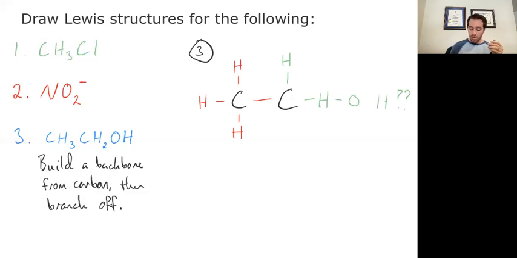But that's not possible because a hydrogen can't form more than one bond. So that can't be what happens. And also, this would leave the carbon unhappy because it doesn't get to form all of the bonds that it wants.